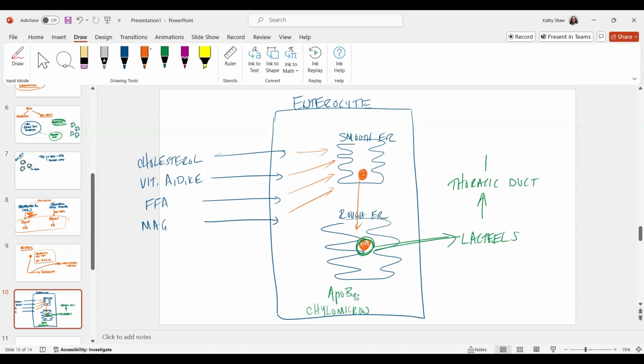And it can go to different organs. And we'll really pick up this story more when we're talking about lipid transport. So some of the different organs it can go to: skeletal muscle, it can go to adipose tissue, and some of it will go there.